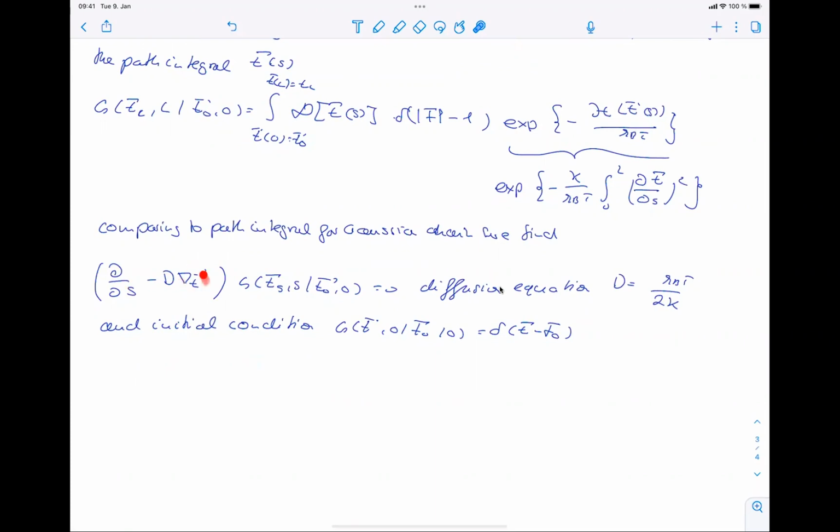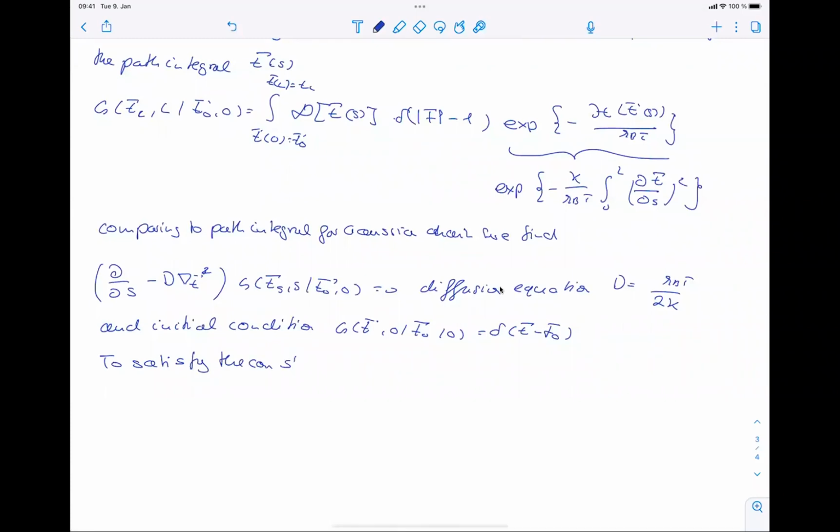So, which basically constrains this Laplacian that we have here. So, to satisfy the constraint that T of S squared is actually 1.